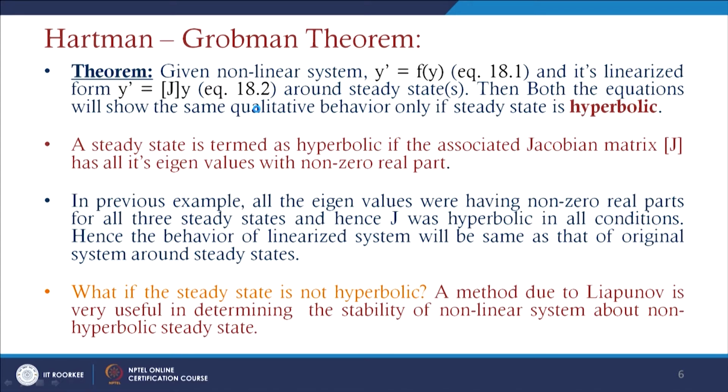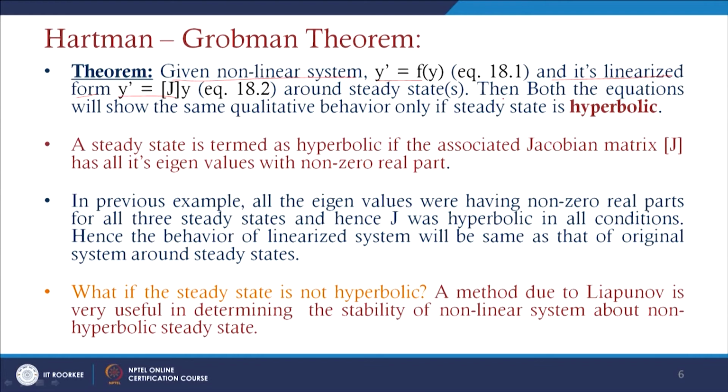The statement of the theorem says that suppose we have a nonlinear system y dash equals f of y, and its linearized form y dash equals J y, since we are using the Taylor series expansion to linearize the system. Obviously, many methods are available, but we have picked the Taylor series method around the steady states.